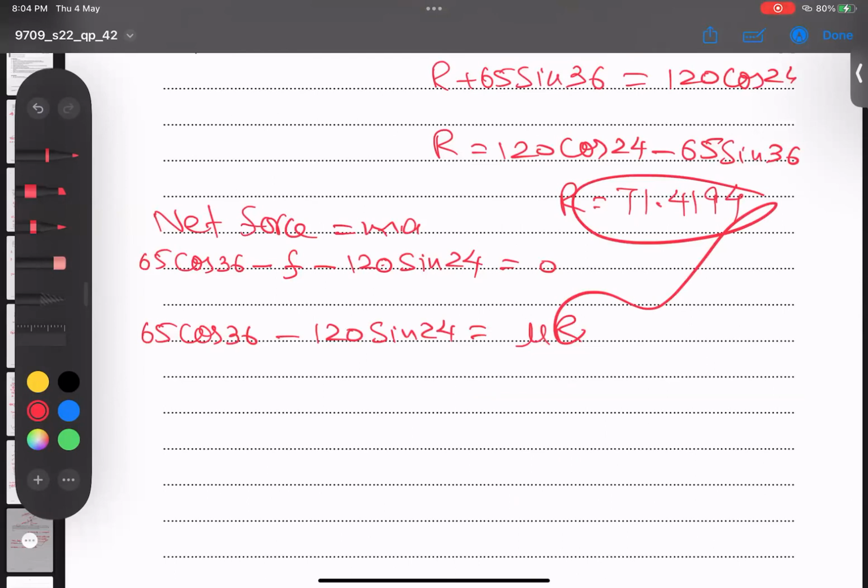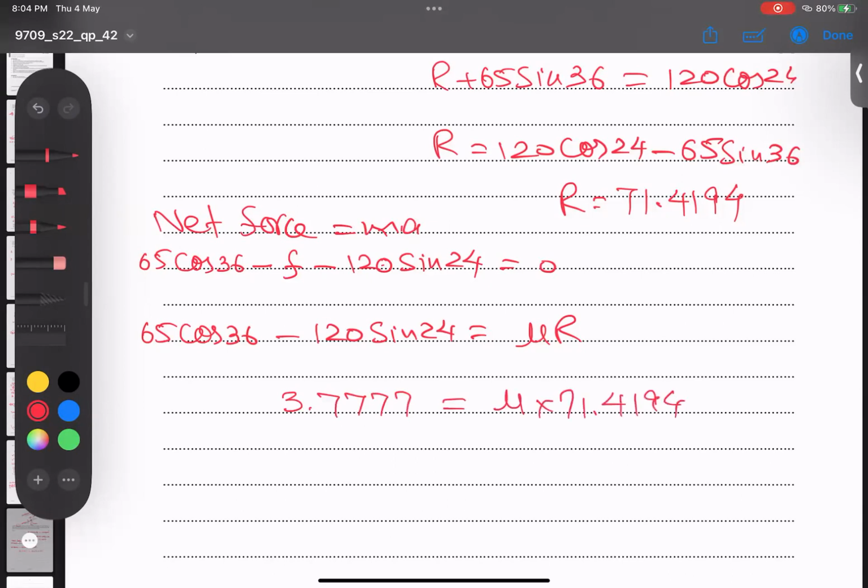So let's start. I can type even the left side: 65 times cos 36 minus 120 times sine 24. And the left hand side I am getting 3.7777. And this is mu, unknown, times 71.4194. Afterwards I just divide it and I will get the answer.